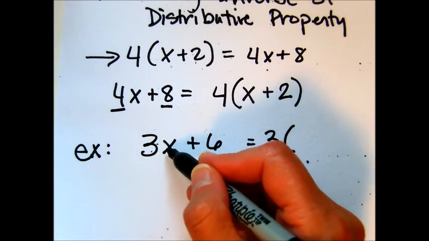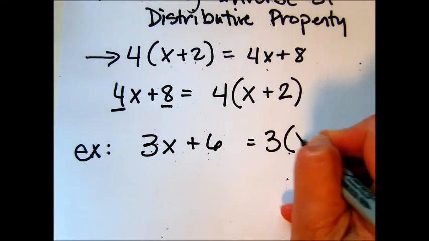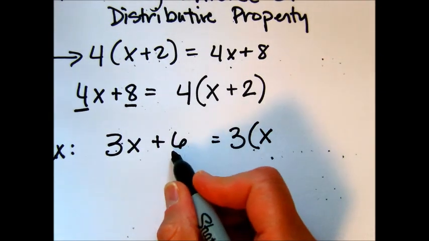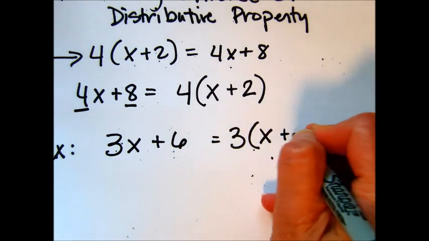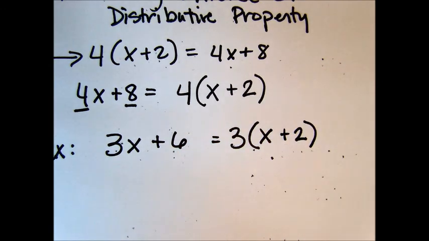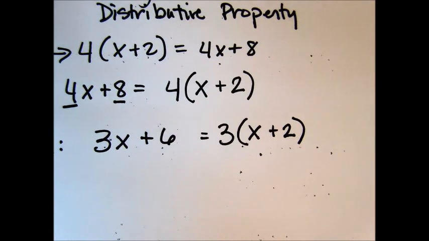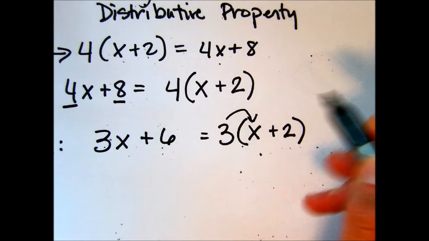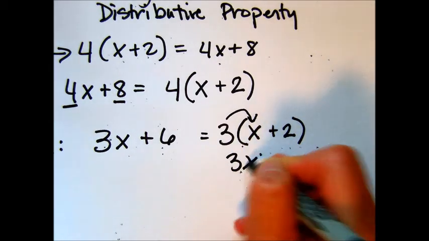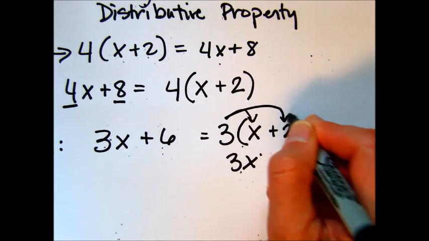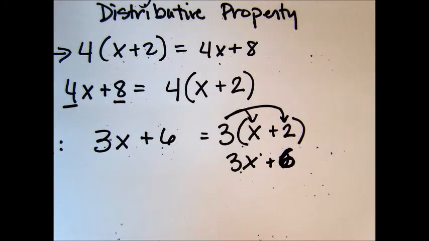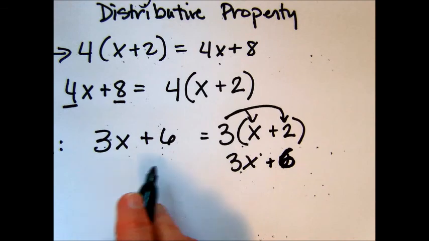The leftover is going to be 1x or x. Positive 6 divided by 3 is going to be positive 2 or plus 2. And if you weren't sure that you were correct, you could just double check. You could say, well, 3 times x, that's 3x. And 3 times 2, that's going to be a positive 6. Okay? And that's what I started with.